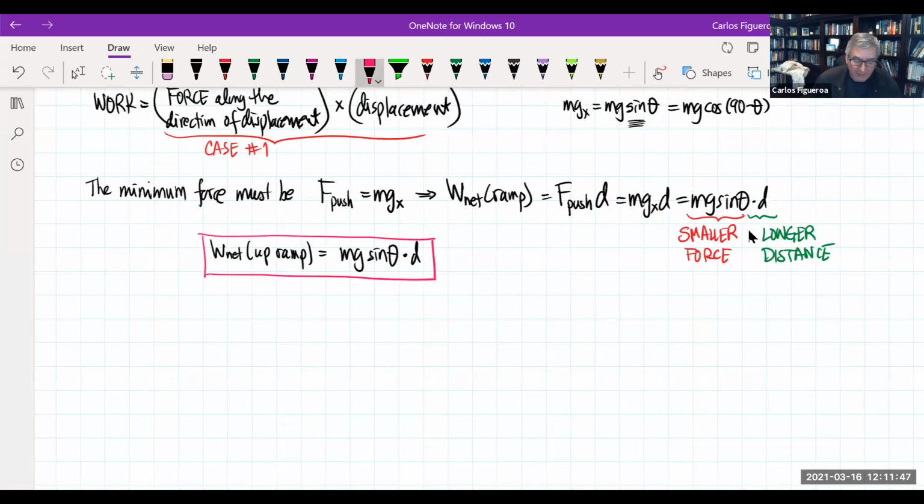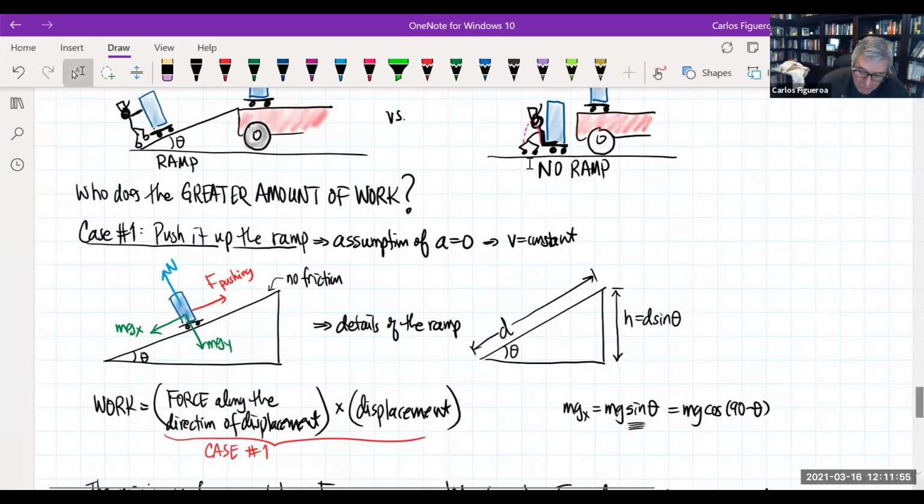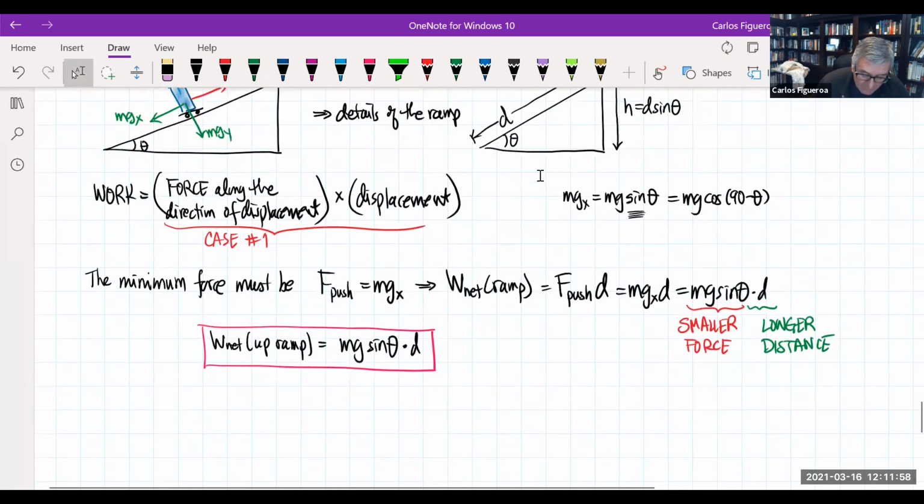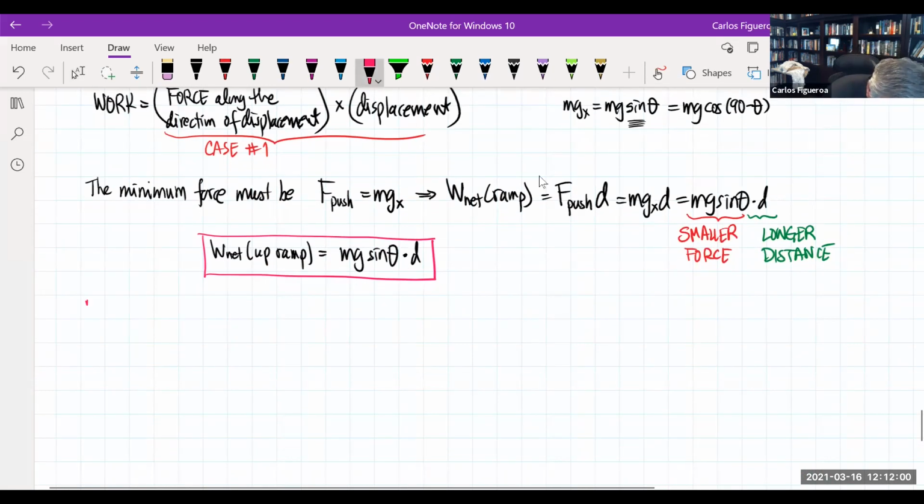Now let's go to case 2. When I go to case 2, remember what case 2 is. Case 2 is with no ramp. So here, there's no ramp, right? If there's no ramp, what's really happening here?